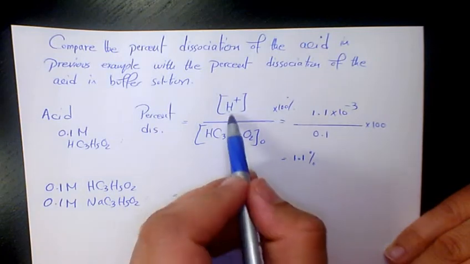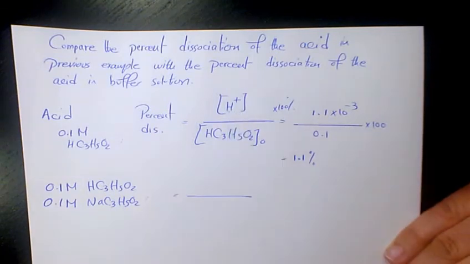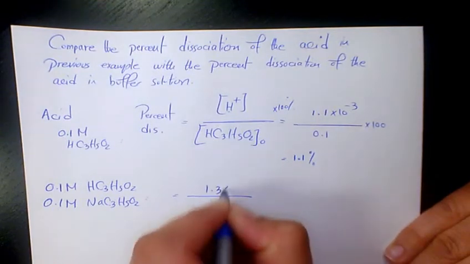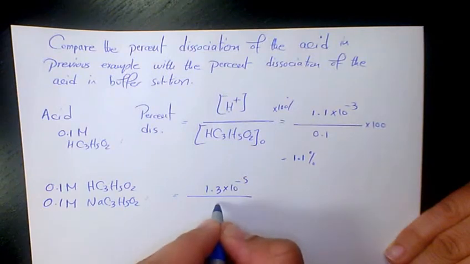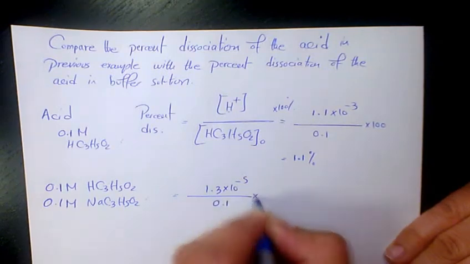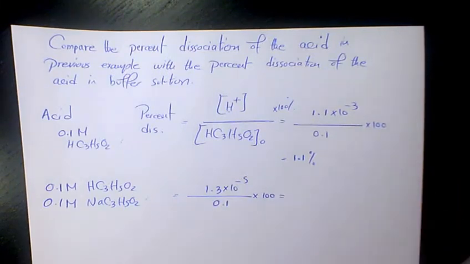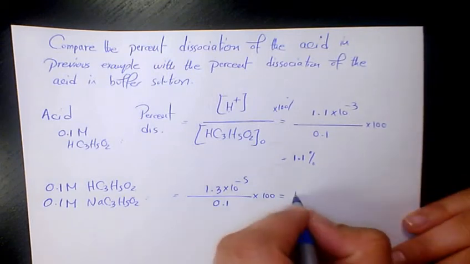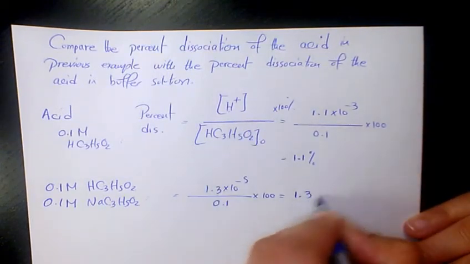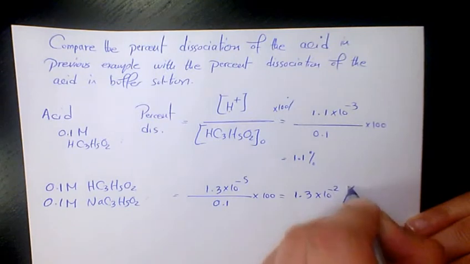In this case, the proton concentration was 1.3 times 10 to the power of negative 5, divided by the initial concentration, which is 0.1, times 100. In this case, it's going to be 1.3 times 10 to the power of negative 2%.